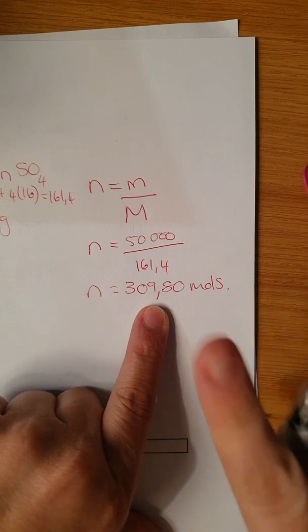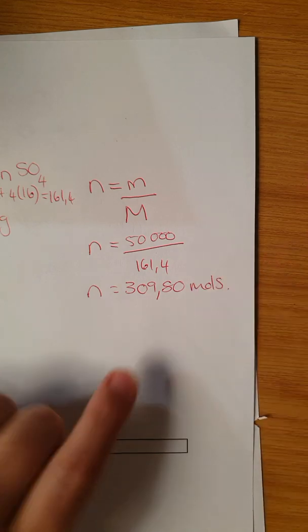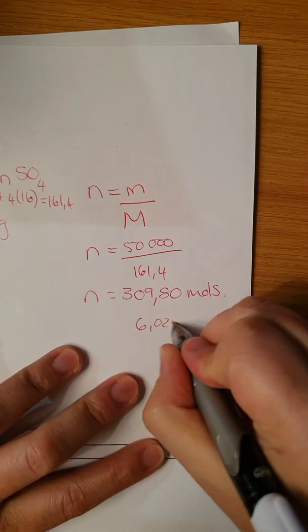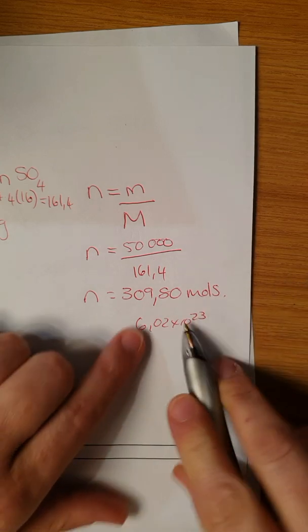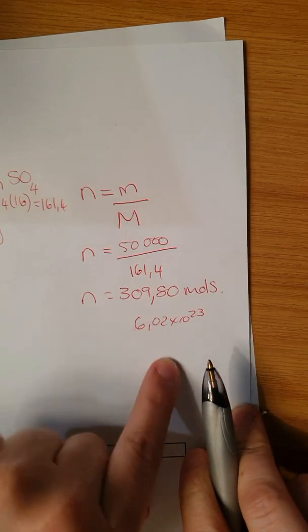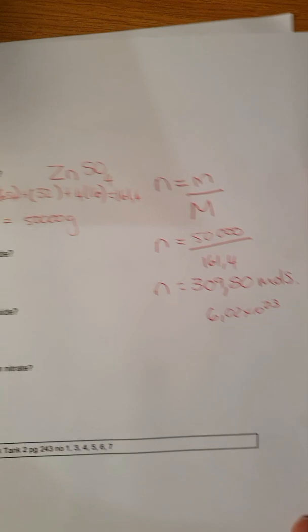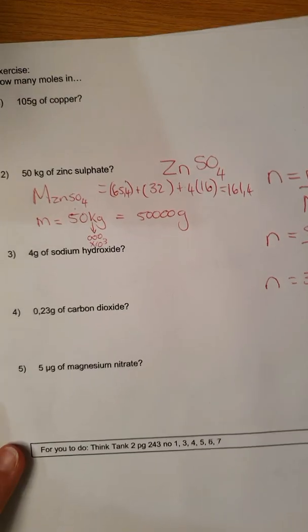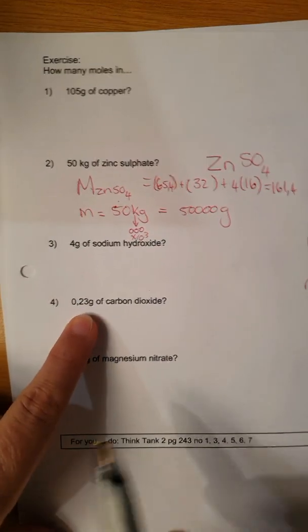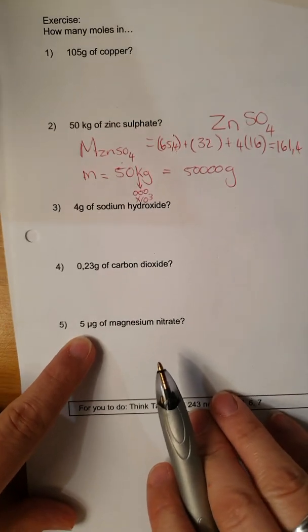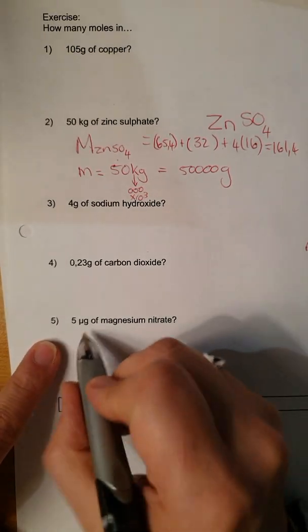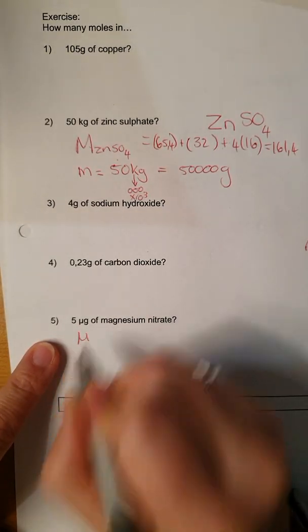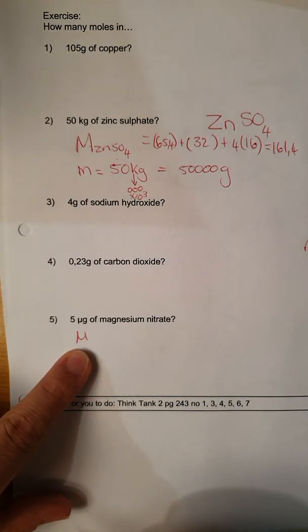I mean, imagine, 1 mole is that big number, 6.02 times 10 to the 23. But now you have 309.8 of that. That's quite big. Okay, so over here, remember, this is grams, no problem. I don't know if I've done this with you yet, but this is a microgram, and it's a Greek letter mu.